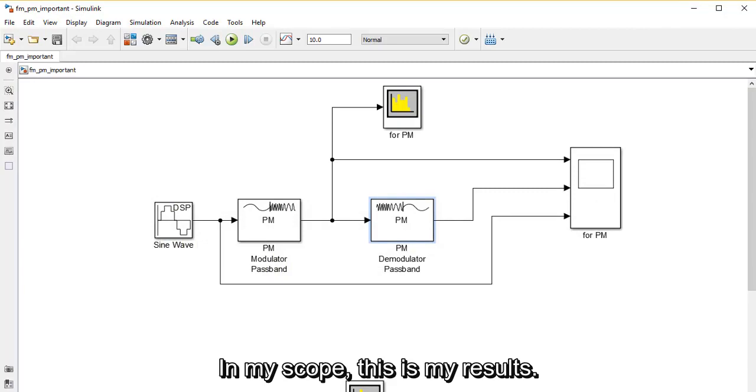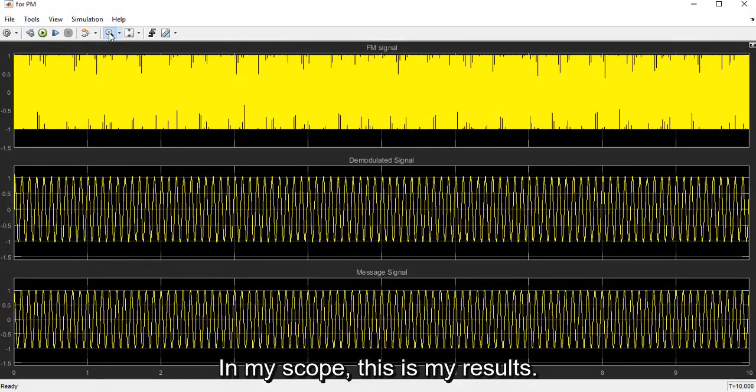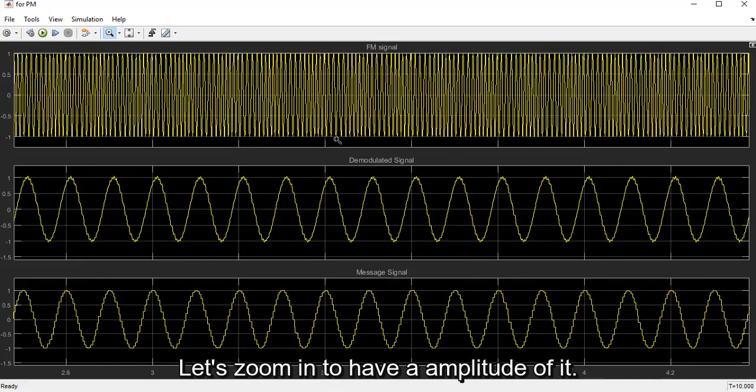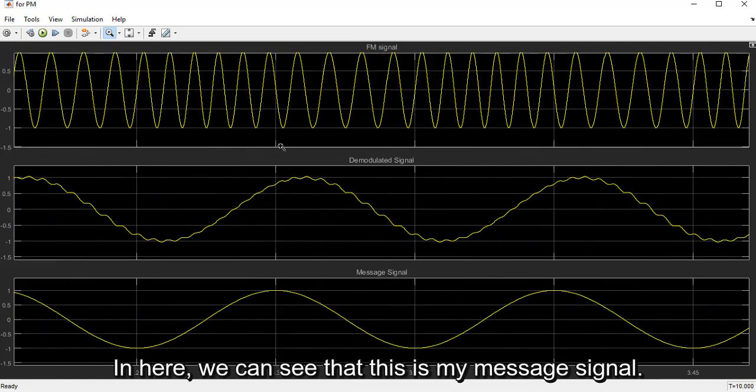Now in my scope, these are my results. Let's zoom in to have a better view of it. In here we can see that this is my message signal.